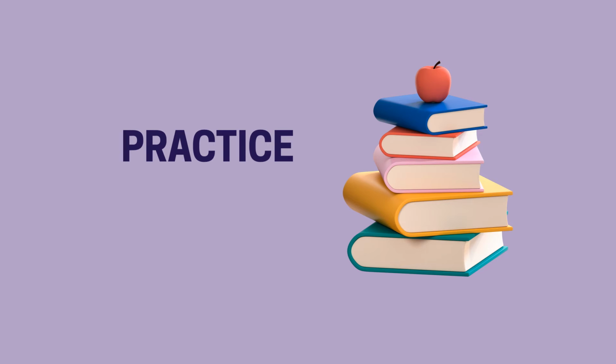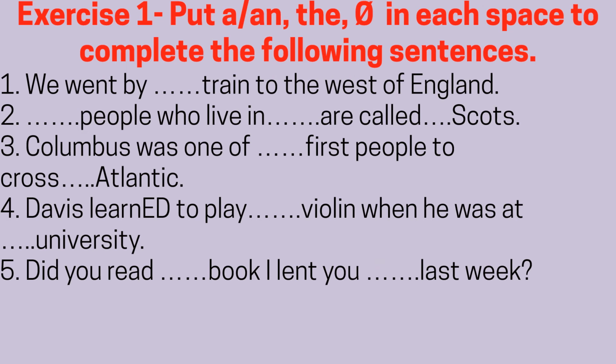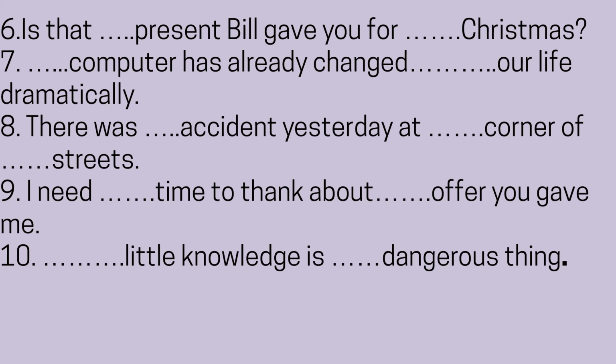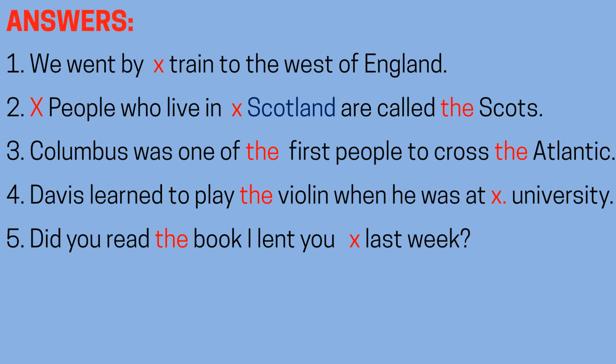Now we move to the practice part. Exercise 1. Use the article to complete the 10 sentences. Now we correct this exercise. 1. We went by train to the west of England.